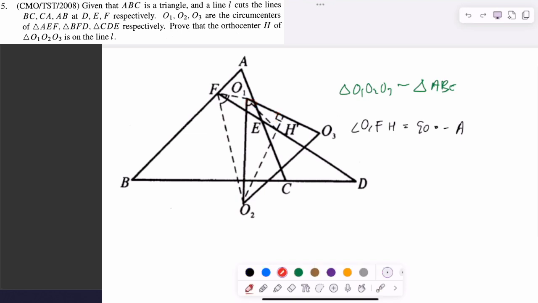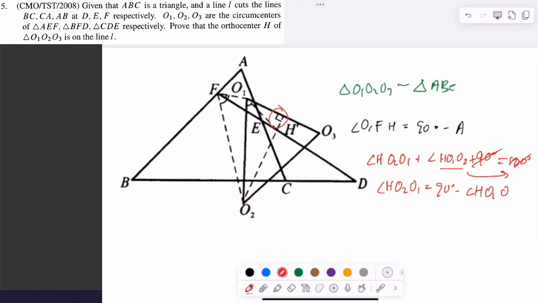The reason is, if you consider this triangle, angle HO2O1 plus angle O1 plus this angle, which is 90 degrees, equals 180. So if you subtract 90 from both sides, you get angle HO2O1 equals 90 degrees minus the angle.